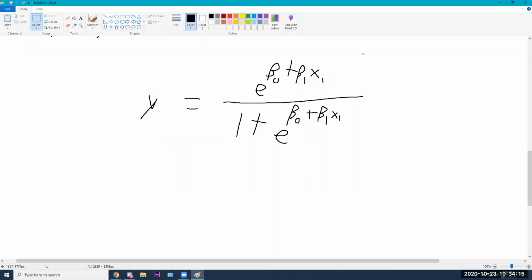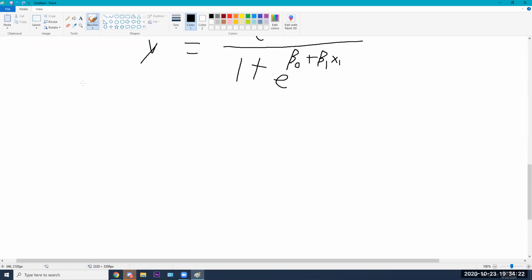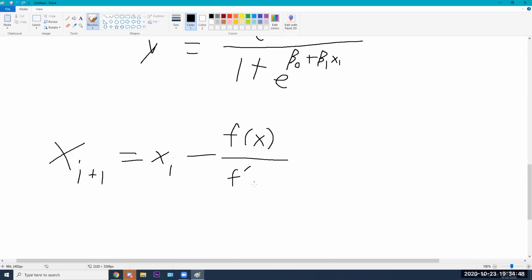But yeah, unfortunately, it uses concepts from vector calculus. I can teach you the basics. One of the ways is using something called the Newton-Raphson method, which looks like this, where x_{i+1} = x_i - f(x)/f'(x), right?